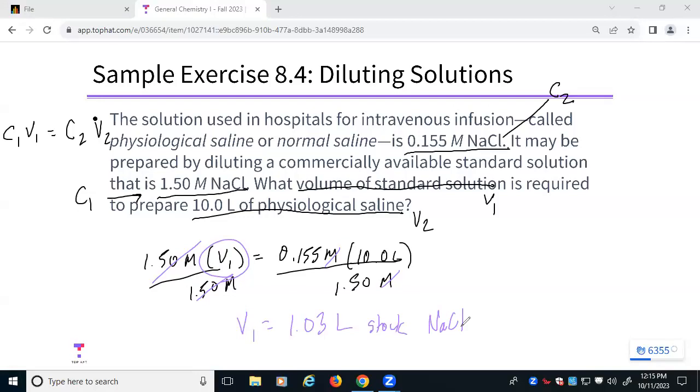What I have to remember is that the 10 liters here doesn't refer to the amount of water that I add. It refers to the total solution at the end. So roughly speaking, we would add about 9 liters of water to this stock solution that we measured out to give us a total of 10 liters in full.